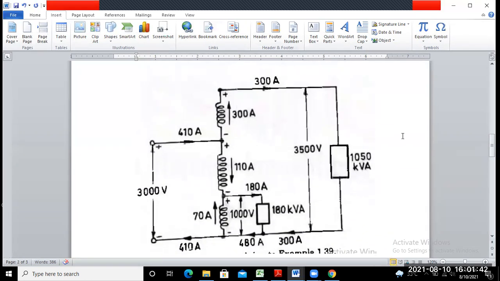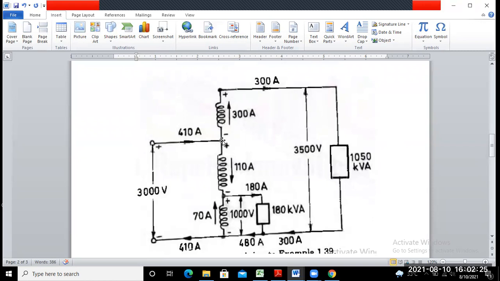We found 300 ampere through this load and 180 ampere through this load, and 410 ampere is taken from the supply. The 410 ampere current is incoming at this point and 300 is going outside from this node.